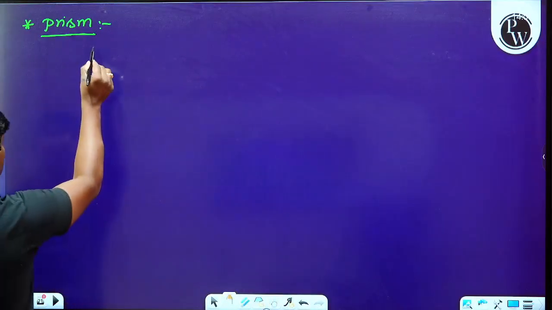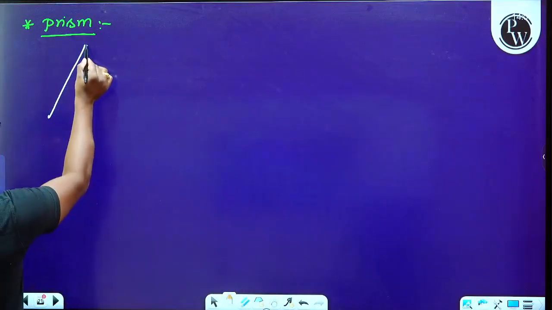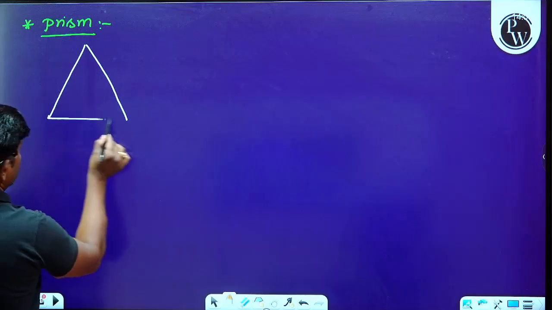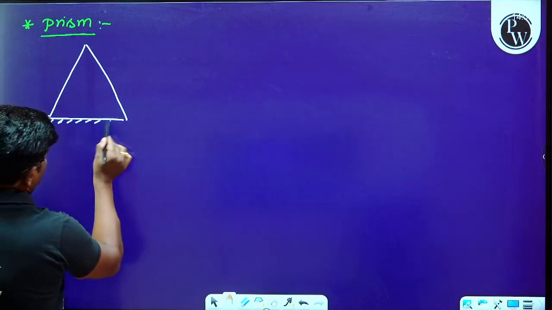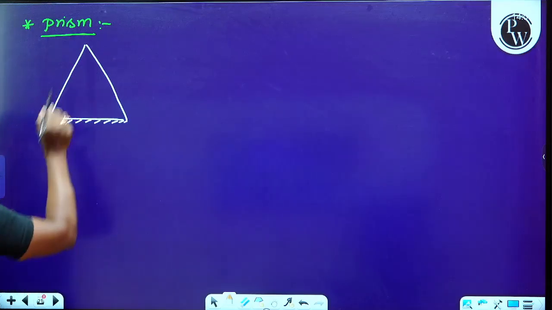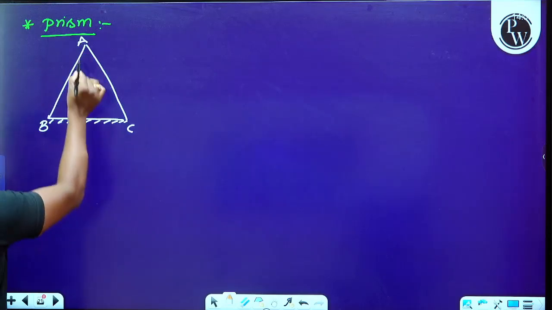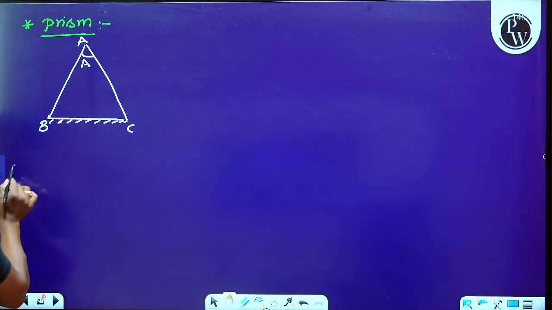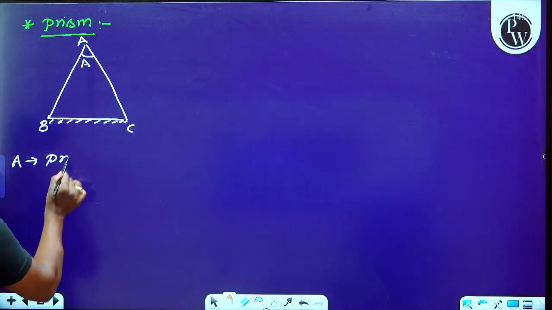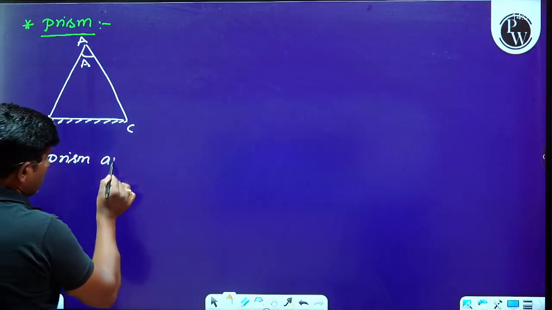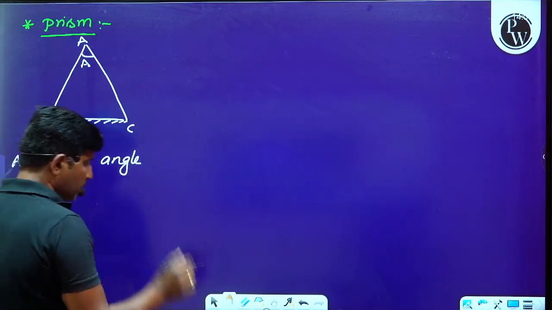Whenever we consider the prism, please make sure about these things here. This is the base of a prism. ABC is a prism. Capital A is the angle of prism, or we can also say prism angle.